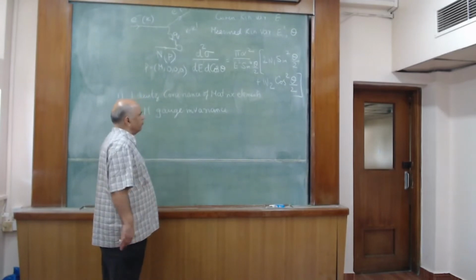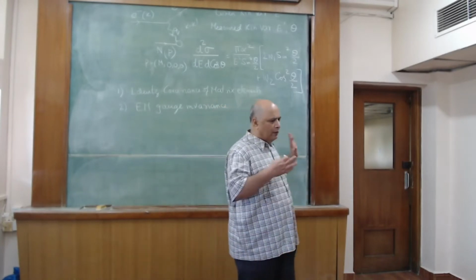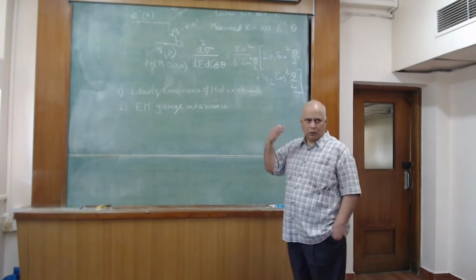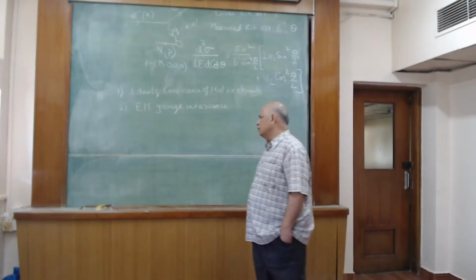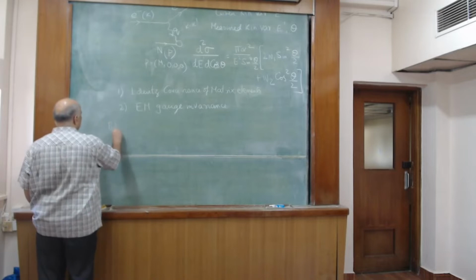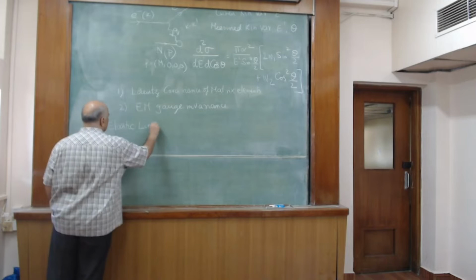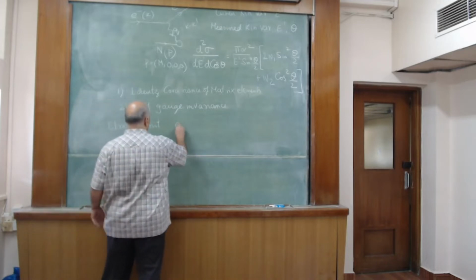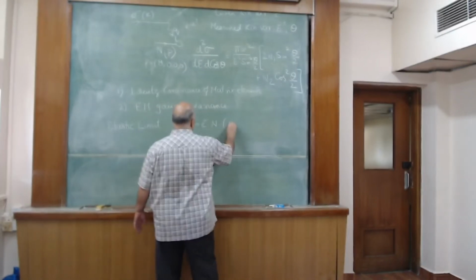And we ask the question, okay, fine, there are two functions, but do they have some physical interpretation? And to understand the physical interpretation, we consider the so-called elastic limit.